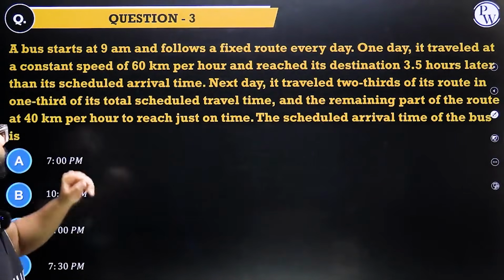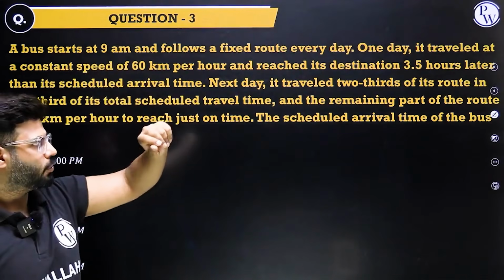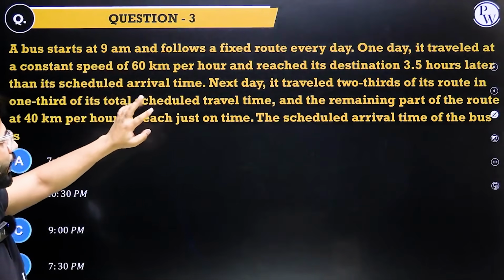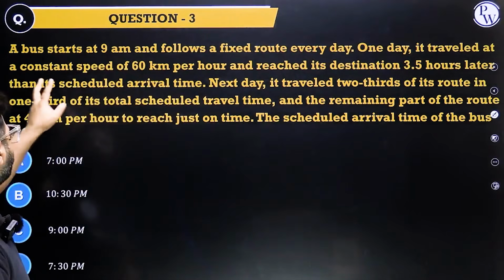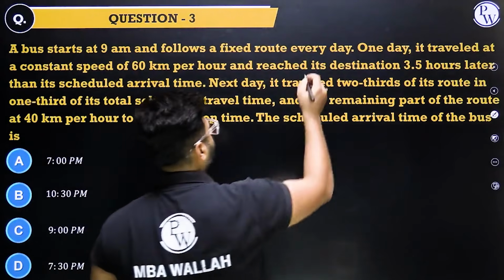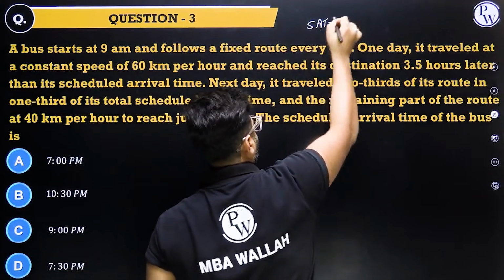Okay, assuming that you have tried. A bus starts at 9 a.m. and follows a fixed route every day. One day it traveled at a constant speed of 60 and reached its destination 3.5 hours later than the scheduled arrival time. Let's assume the scheduled arrival time as t.